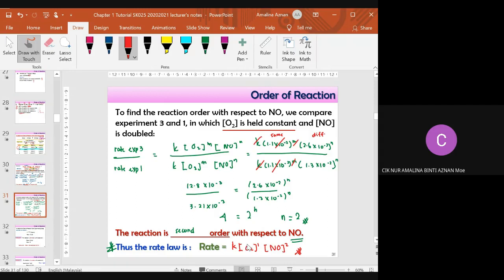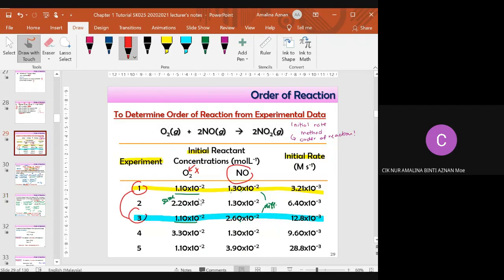Okay. So the how to determine the order from experimental data by using ini adalah initial rate method. Okay. So contoh kalau soalan dia bagi lebih kurang macam ni, set of data kamu, tapi dia tak bagi initial rate. Okay.